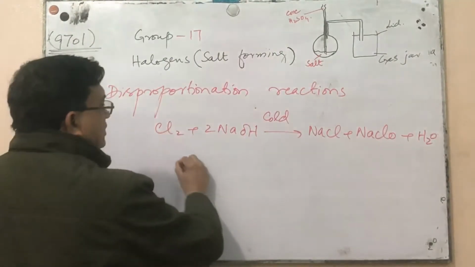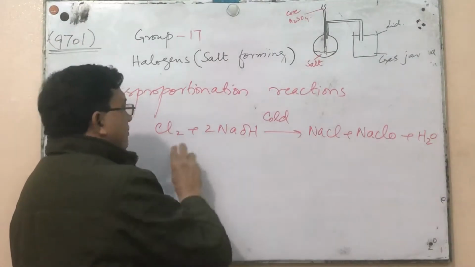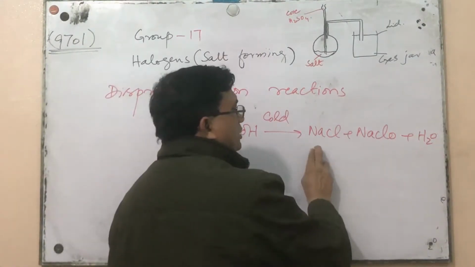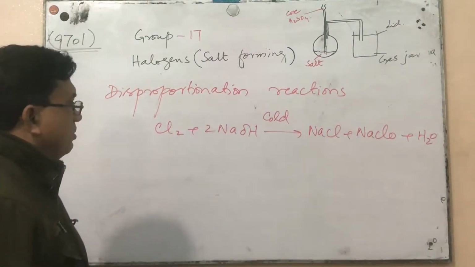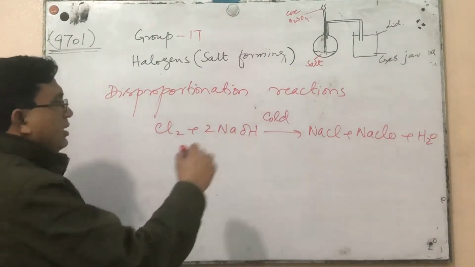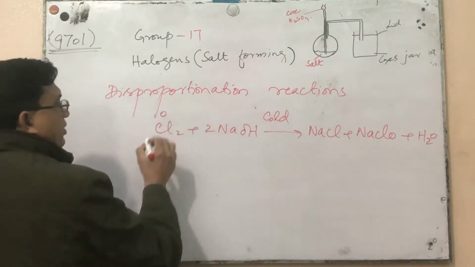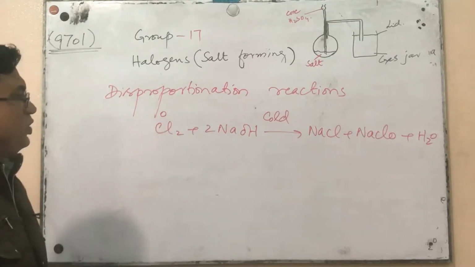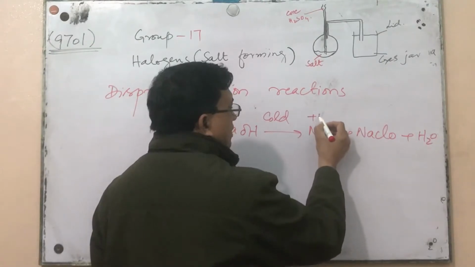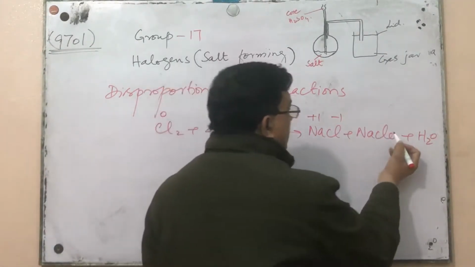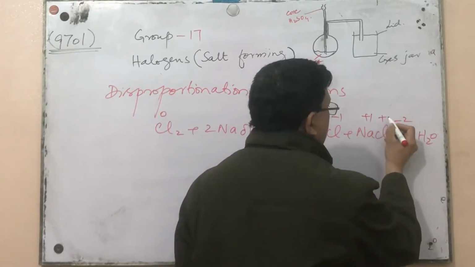Chlorine gas reacts because chlorine is an acidic gas. This is an alkali reaction, an acid-base reaction takes place, and salts are produced. But here the same element chlorine, which has oxidation state 0, comes to oxidation state -1 here and +1 here.